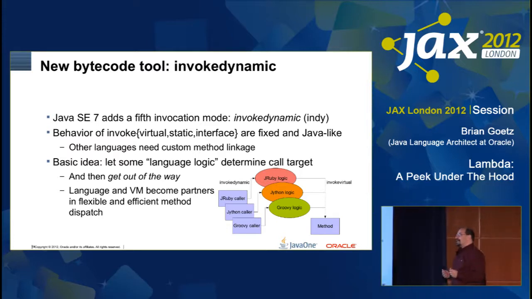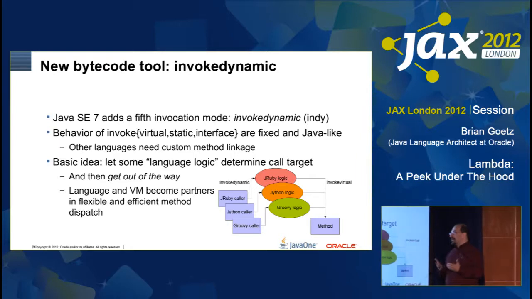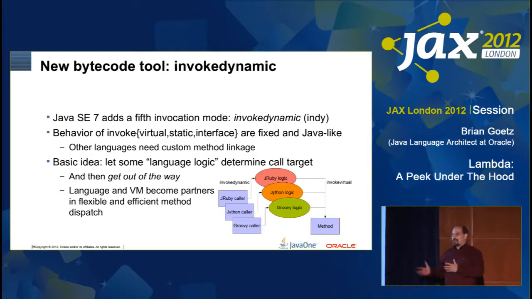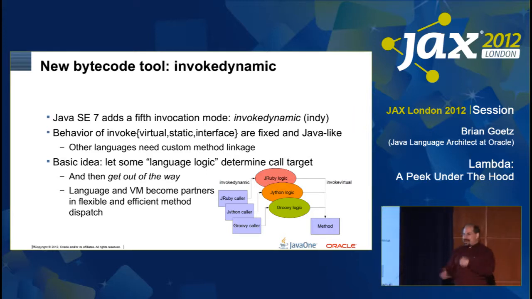So the idea is we want to allow some, let's call it language logic, to be plugged in to the call target resolution process. Say, okay, in this context, a.b resolves to that method over there. And then, and here's the tricky part, we want the language logic to get out of the way, so that the VM can say, all right, you answered my question, and I'm not going to bother you again, and now I can inline through it and all of that.